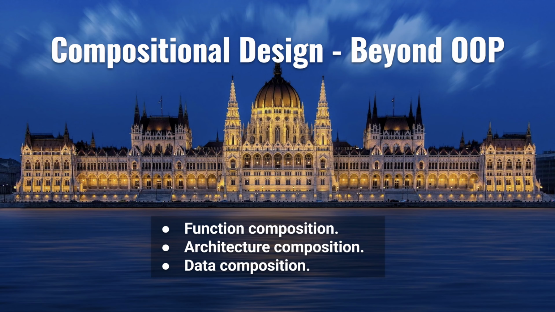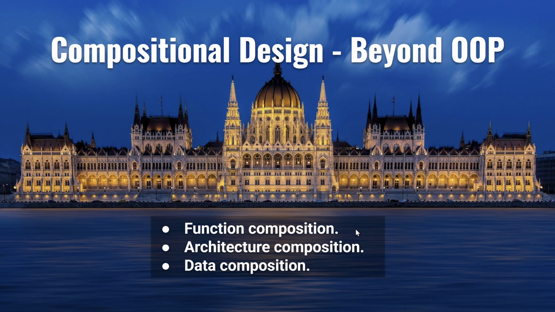In this video, I have mostly focused on how to use compositional design techniques in object-oriented programming. However, you can also use compositional design techniques outside of object-oriented programming. For instance, it is quite normal in functional programming to compose one function from other functions. So there you can use compositional techniques for function composition.